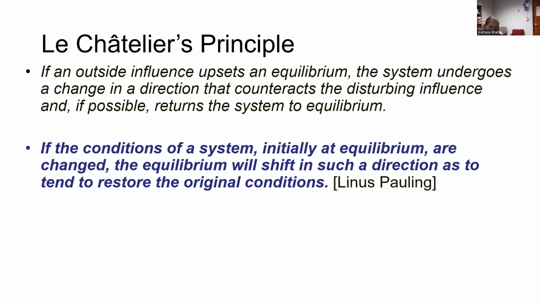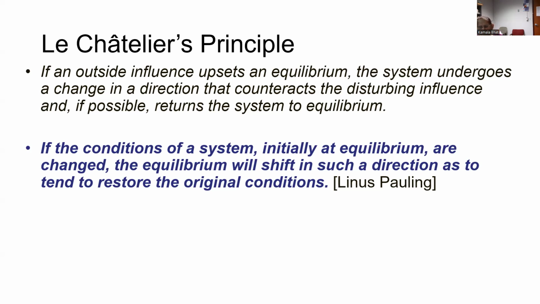The next one is Le Chatelier's principle. Le Chatelier's principle is primarily applied to systems that are in equilibrium and you disturb the equilibrium. Now, when the disturbance to the equilibrium system occurs, the system always moves in a direction that is opposite to the stress, the disturbing influence.